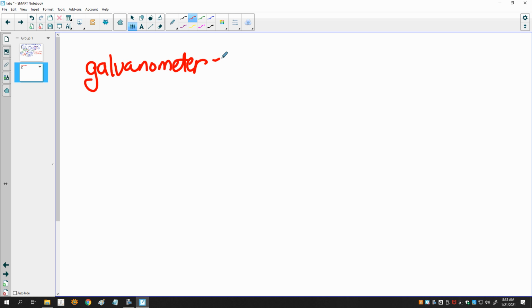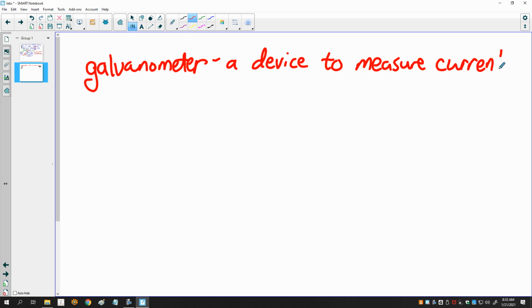You don't really need to know about this much right now, except that this is a device to measure current. We're going to talk more about a galvanometer.